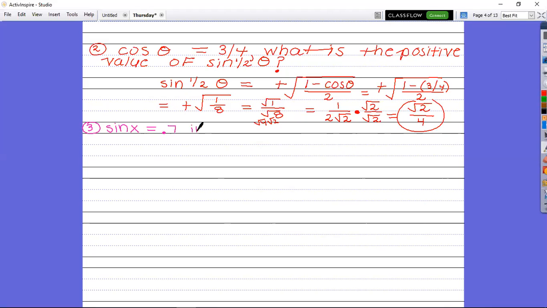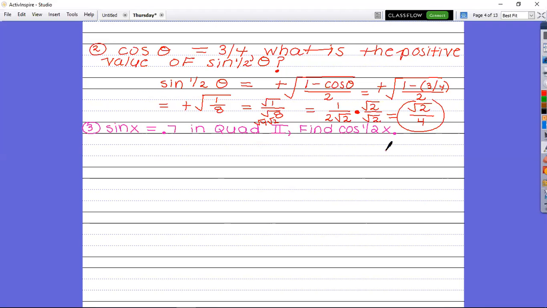And I'm going to tell you we are in quadrant 2. And I want you to find cos of 1/2 x, again, in simplest radical form always.